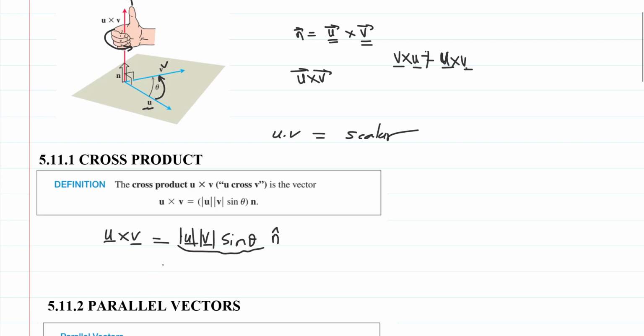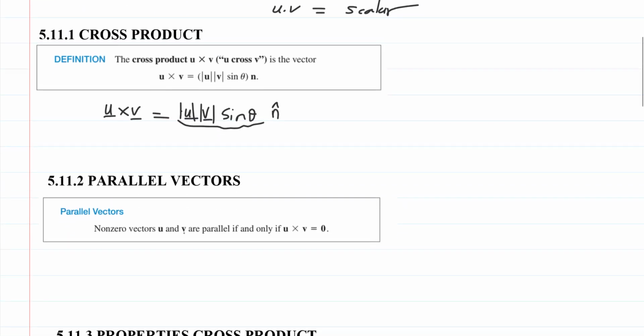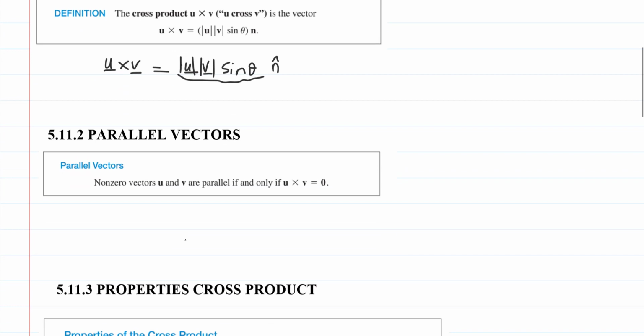Another concept: remember, when we were looking at the dot product, we said that if two vectors are perpendicular, then their dot product is 0. This time around, since the cross product seems like the opposite of the dot product, instead of talking about perpendicular, we'll be talking about parallel vectors.